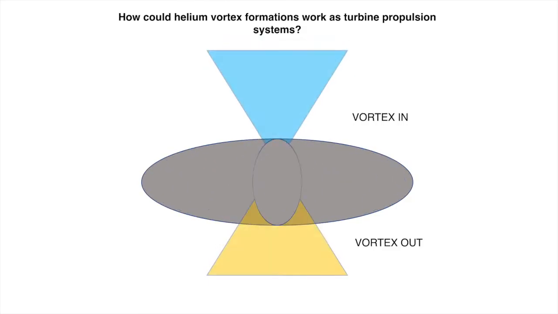So how could helium vortex formation work as a turbine propulsion system? So vortex formations have a draw, an inlet and an outlet. Just like in hurricanes, tornadoes, or in water pools, there's always some kind of suction that comes from the corkscrew effect and the Maxwell's corkscrew effect.